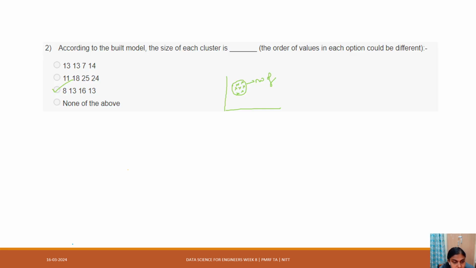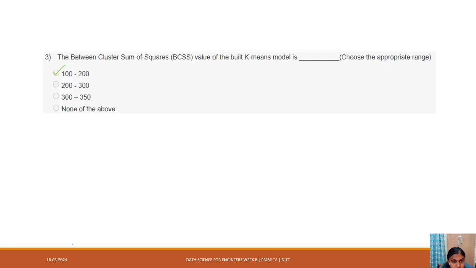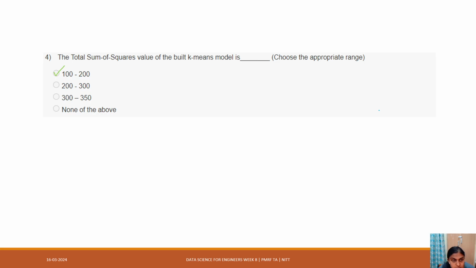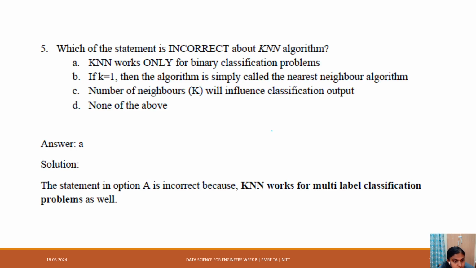Then we used fit$size for getting the size of each cluster, and for the between cluster sum of squares we used betweenss. For the total sum of squares we used totss. So we'll move on to the next question.